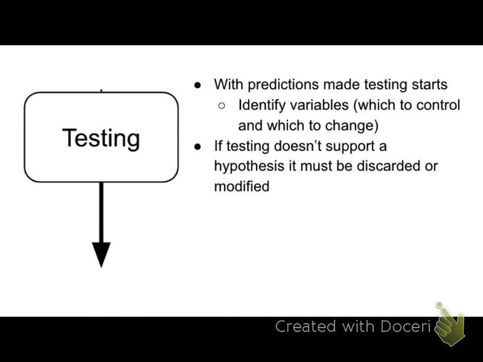If our testing then doesn't support our hypothesis, we have to discard our hypothesis and/or modify it. So if we go back to my example with the hog survey, right? If we do a survey of the conditions that the hogs are living in, and we discover that the process of birthing is not more stressful on the hogs than not, we would have to discard our hypothesis about why there are more sick female hogs, right?